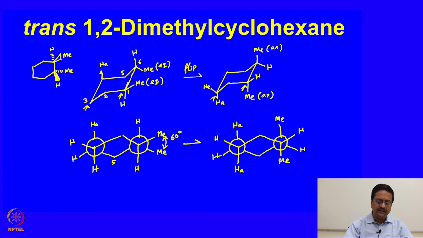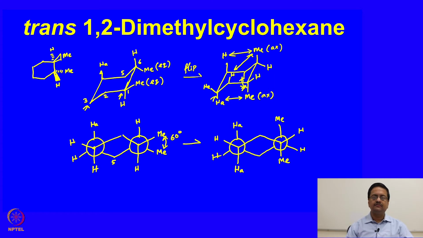So if you see this conformer in the diaxial conformation, you have the hydrogens which are up. There will be diaxial interaction with the methyl and hydrogen groups, 1,3 diaxial interactions. So here also there will be diaxial interactions in the methyl groups.